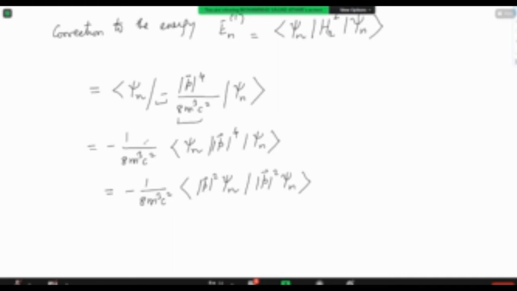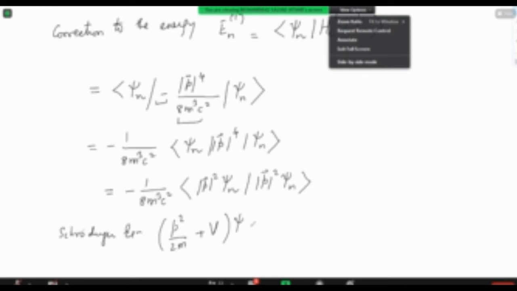And then we go back to the Schrodinger equation for the unperturbed state. What is the Schrodinger equation? This is p square by twice m plus V psi is equal to E psi.